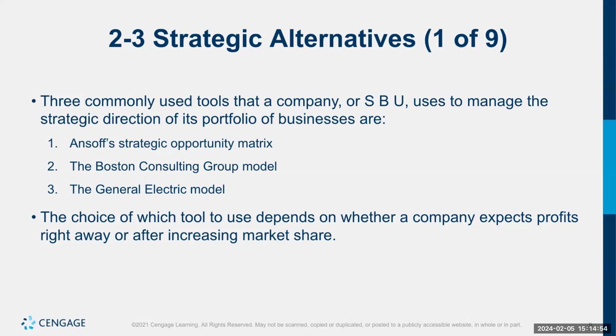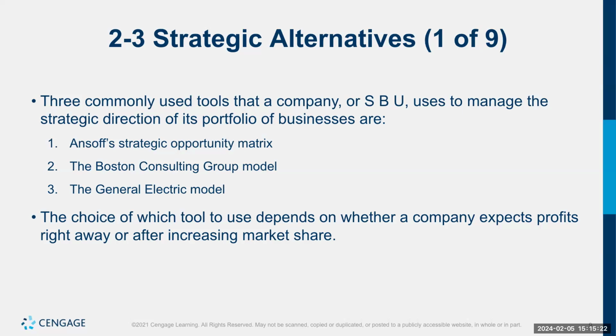You have the question marks or problem children, and these are low market share businesses in a high growth market that requires substantial investment to increase market share, which means that you're not growing very much, there isn't a very big share, and there is a very high risk or high investment in that market.